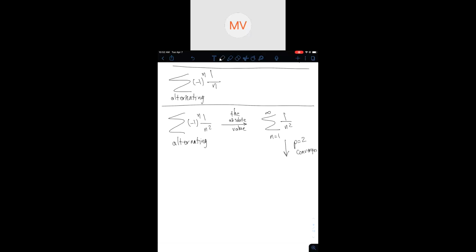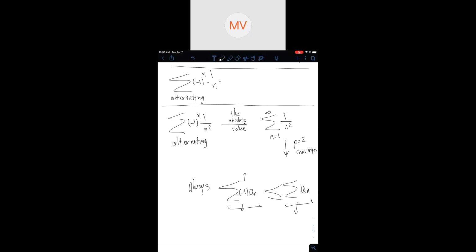Remember, in general, I should have mentioned this. Always, the alternating series is less than or equal to the absolute value one, right? Because on the right side, you're always adding positive terms. Here, you subtract sometimes some negative terms. So this is a bigger summation than this one.